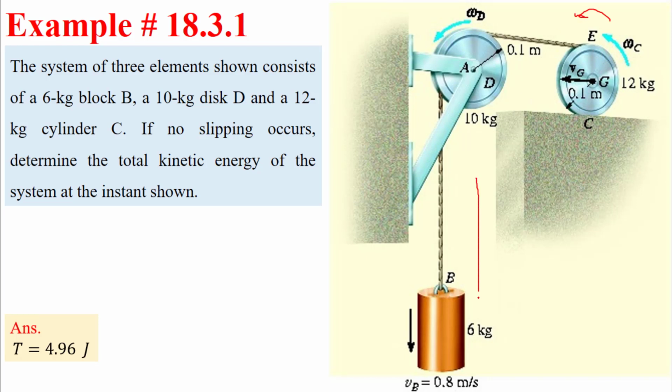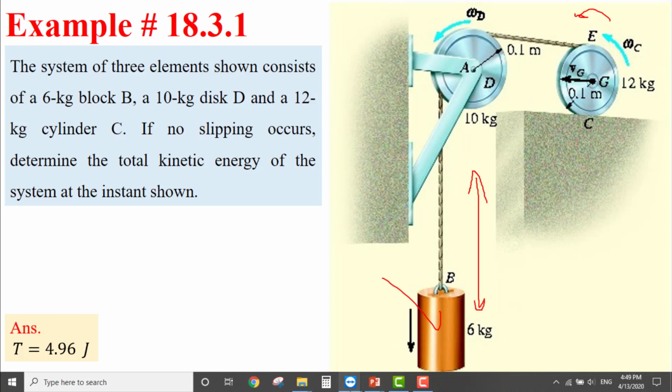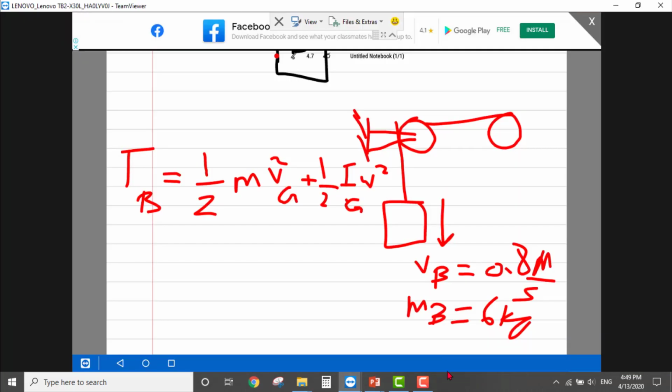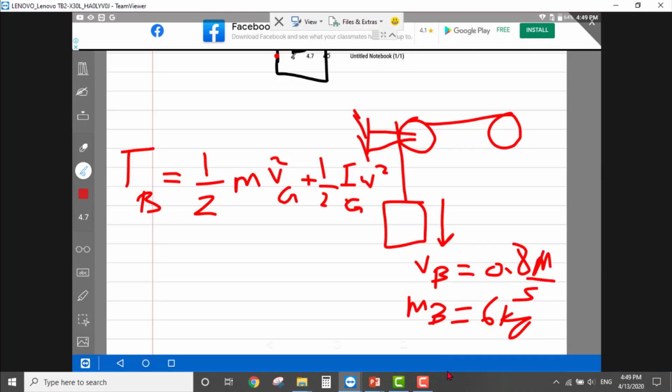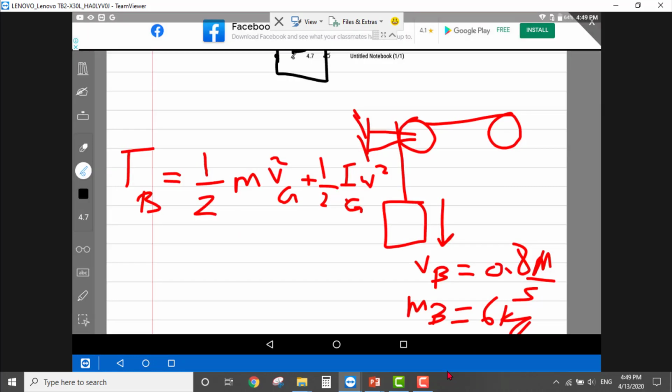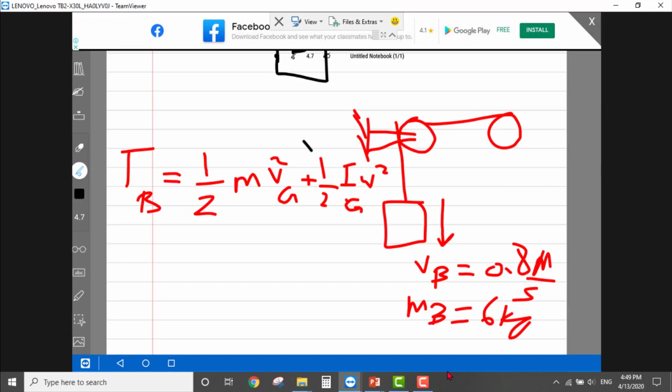It will only translate. So the type of motion of this block is translation. So if I go back to the solving board, here you can come and say that the total kinetic energy for this block is due to translation only. There is no rotation. So this term will go to 0.